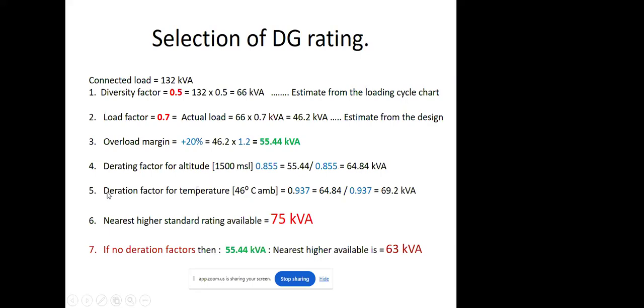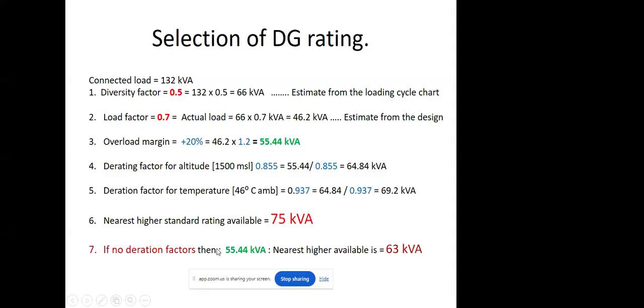Again, the derating factor for temperature. All these gensets are designed to operate maximum up to 40 degrees ambient. Now here, practically the ambient temperature is 46 degrees, which is higher. So the derating factor is 0.93 for 46 degrees. So therefore the requirement goes to 69 kVA. Now the nearest higher rating is 75.